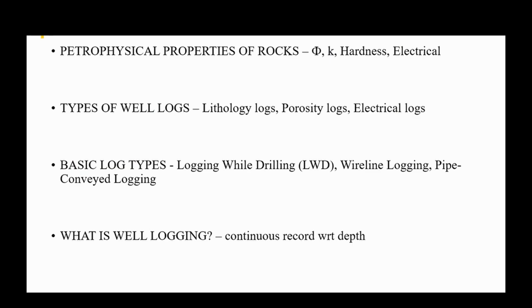Lithology logs are gamma ray, SP log, and caliper log. Porosity logs are sonic, density and neutron. Electrical logs are all your resistivity logs, either shallow or deep, or conduction logs.